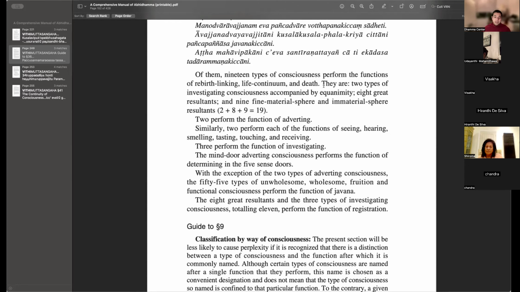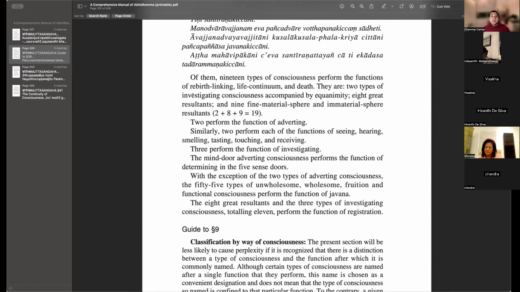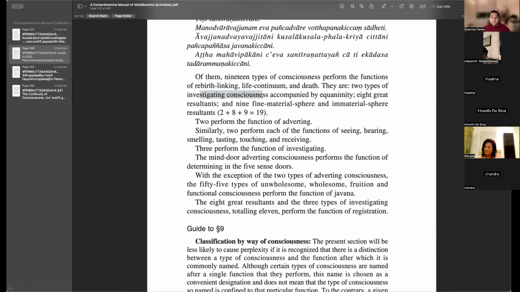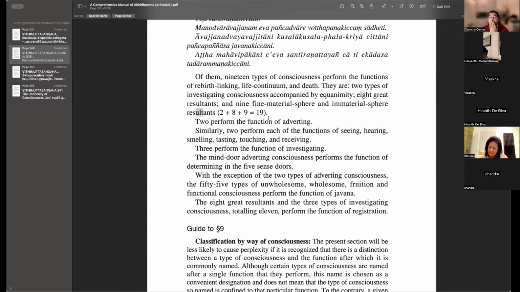So what are they? They are the two types of investigating consciousness with equanimity, the 8 great vipaka, and the fine material and immaterial vipaka.